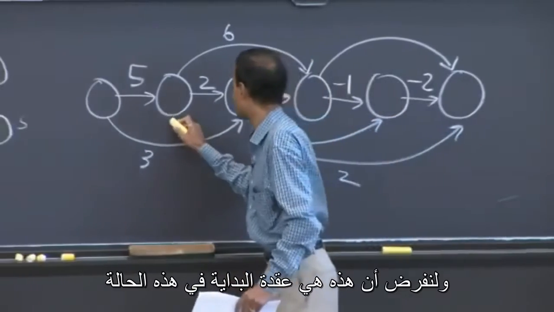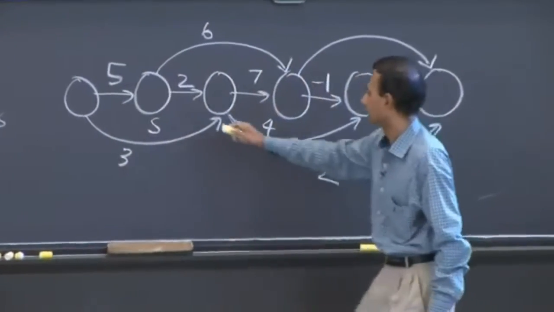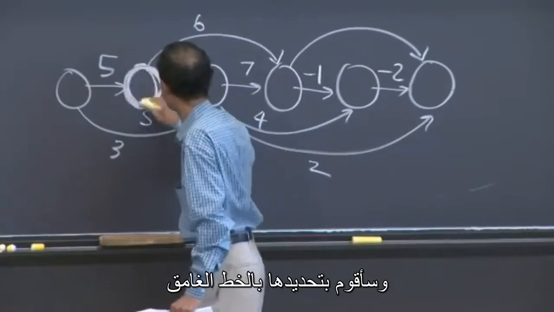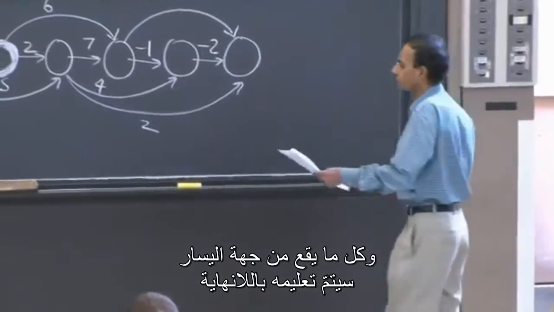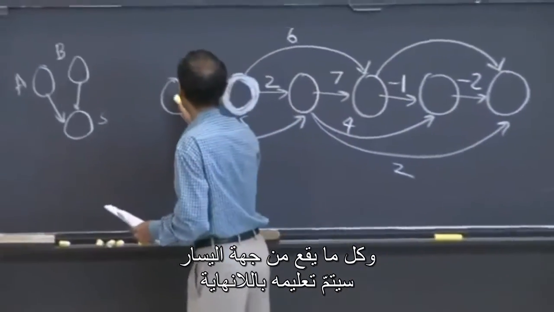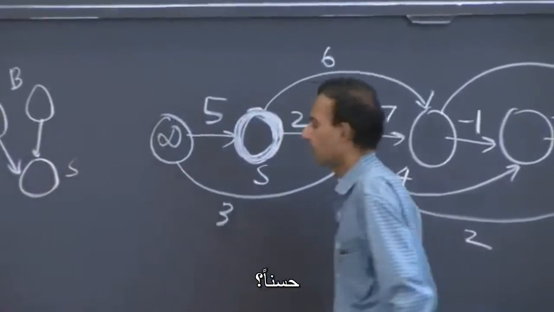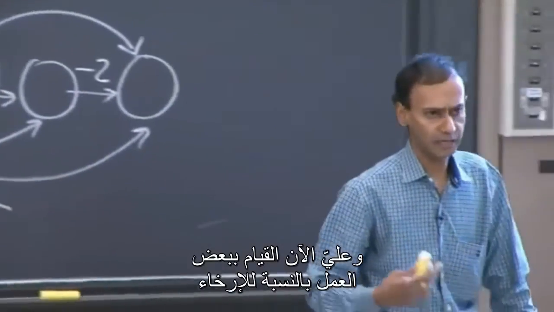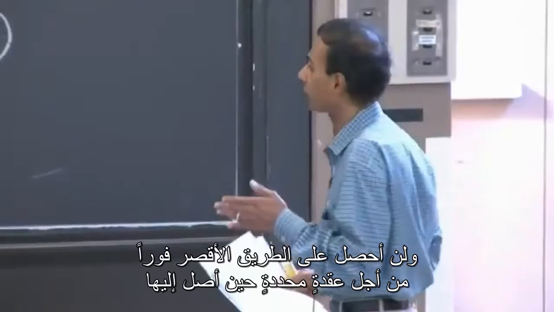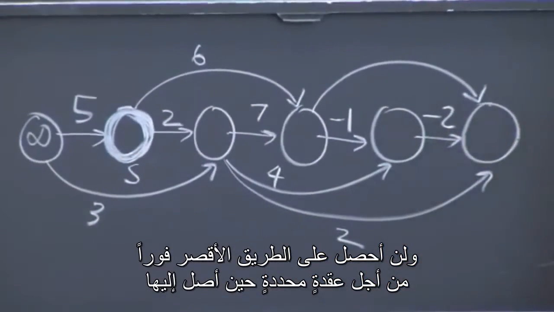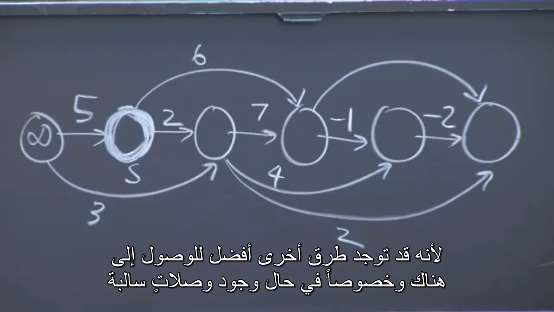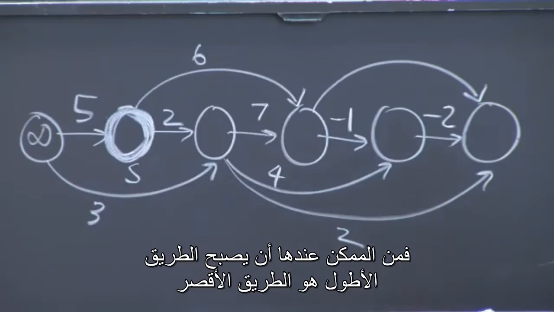So the first thing that you do is you find the source that corresponds to the starting vertex. And let's say this is the starting vertex in this case, which I'll mark in bold. Right, so that's my starting vertex. So I'll take a non-trivial case. Everything to the left is going to get marked with infinity. Okay? And now I've got to do some work on relaxation, and I'm not going to get the shortest path instantly for a particular vertex once I get to it, because there may be better ways of getting there, especially if I have negative edges, then it's certainly possible that a longer length path is going to be the shortest path.